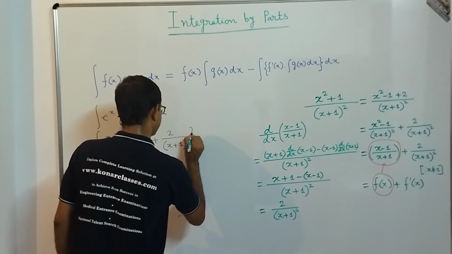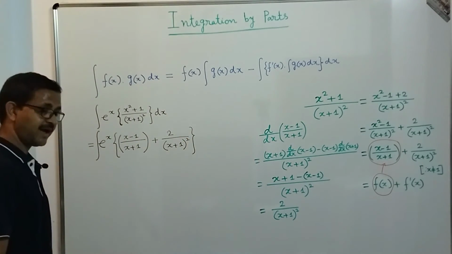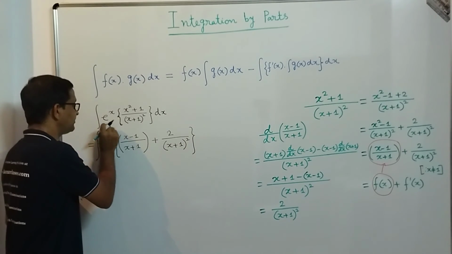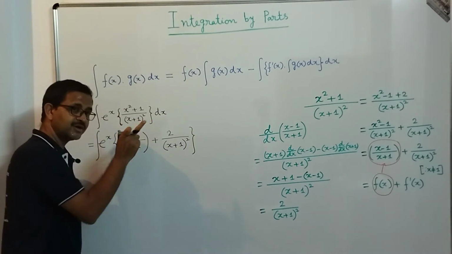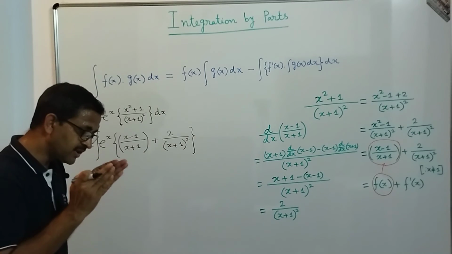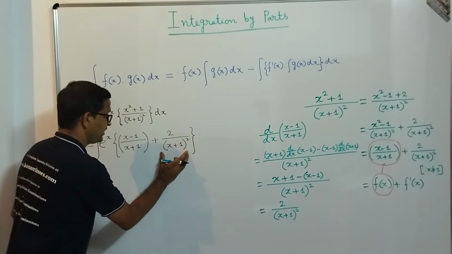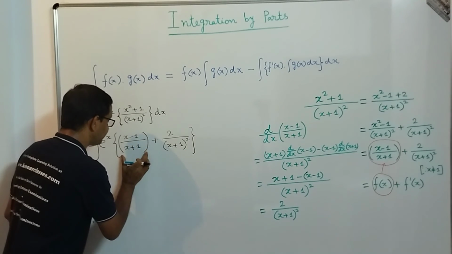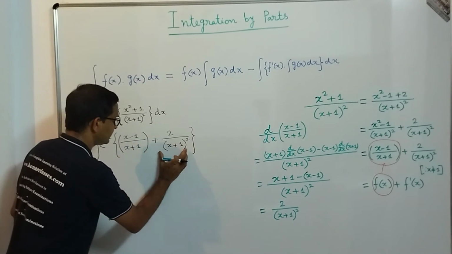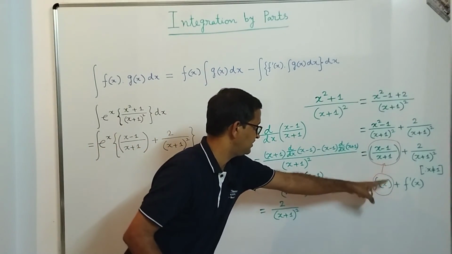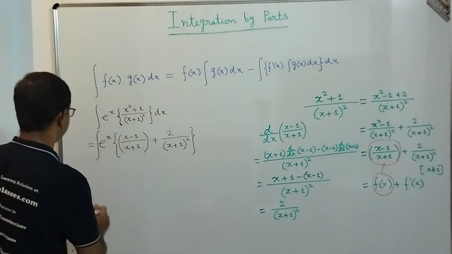Okay. So as I was telling a few minutes back, whenever we are given a question something like e^x into some expression, your target should be to try to express that expression as a sum of two functions, in which that first function, if you differentiate, you will get the second function. That means what? As I have explained, if this is f(x), then the second function becomes f'(x).